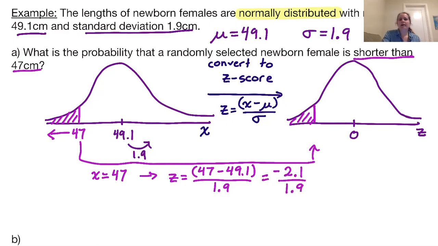And if we do that calculation, we wind up getting negative 1.105. Well, we'll leave it at negative 1.105.